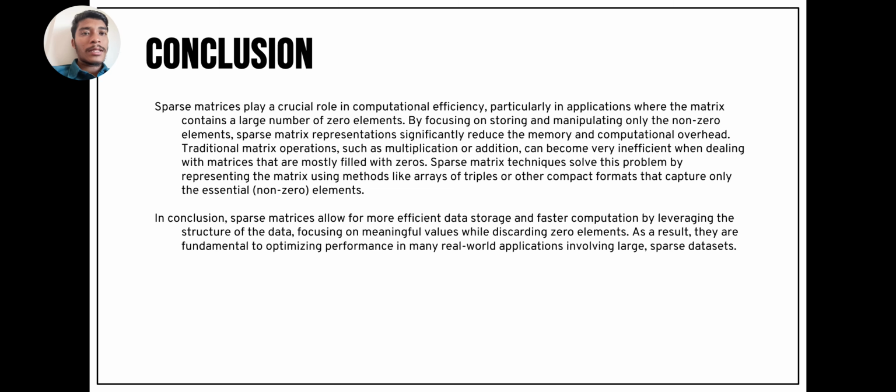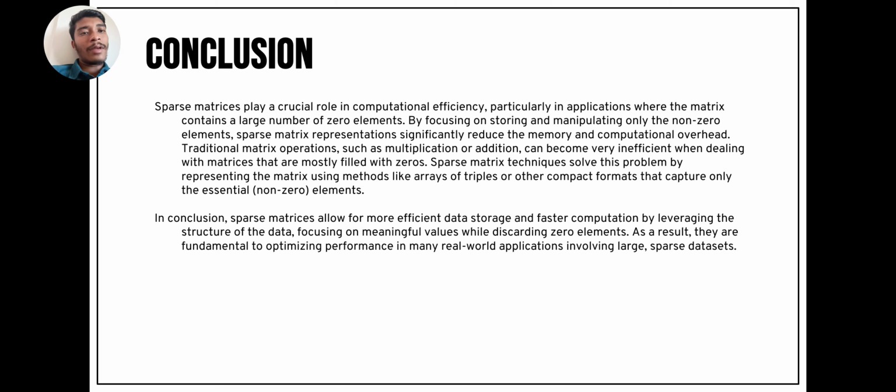Traditional matrix operations such as multiplication or addition can become very inefficient when dealing with matrices that are mostly filled with zeros. Sparse matrix techniques solve this problem by representing the matrix using methods like arrays of triples or other formats that capture only the essential non-zero elements.